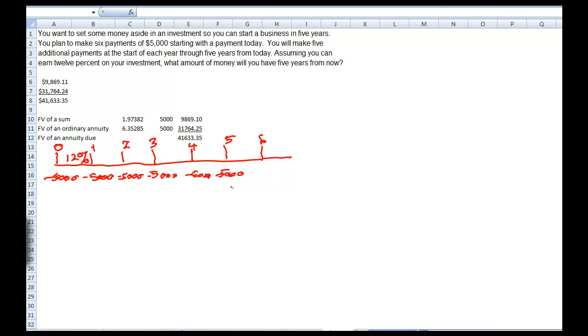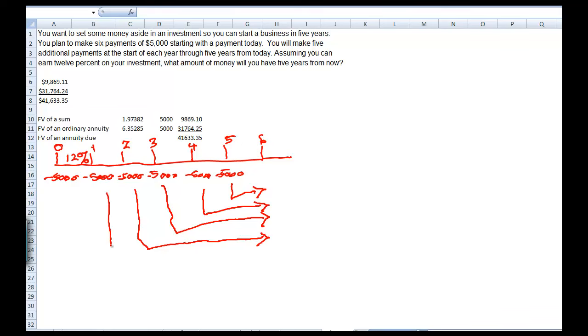Okay, so what we want to do is future value that to year 6, and that to year 6, and that to year 6, and that to year 6, and that one to year 6, and that one to year 6.